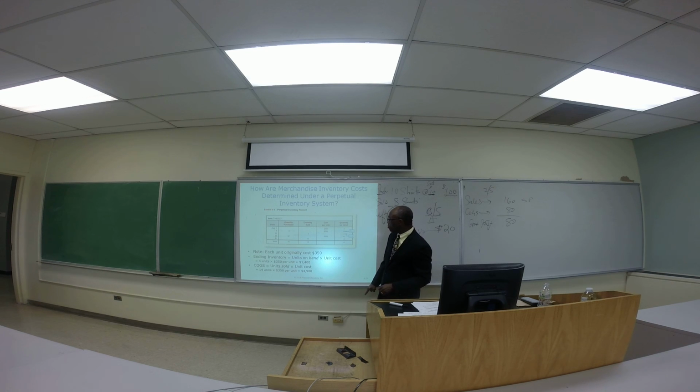Then on August 5th, we bought 4. We now have 6 altogether, and each cost us $350. You can go through this on your own, because this is basically repeating everything that I just explained. So this will be the end of part 1 of the presentation, and we will take it from there in part 2.